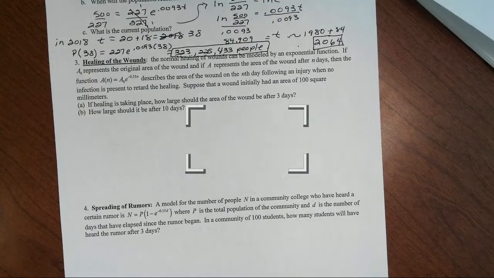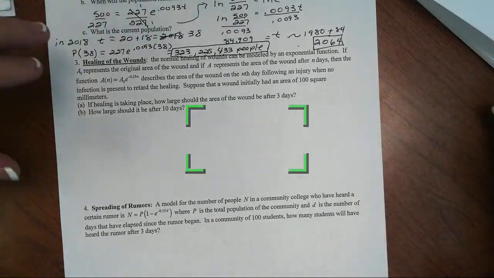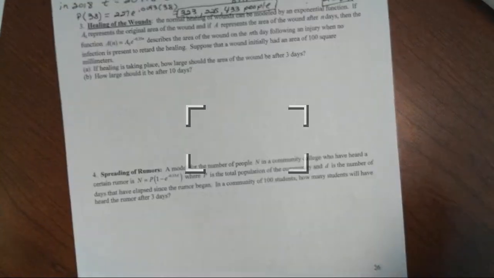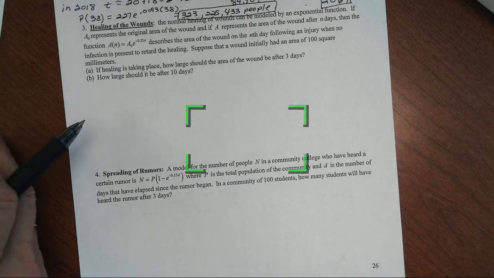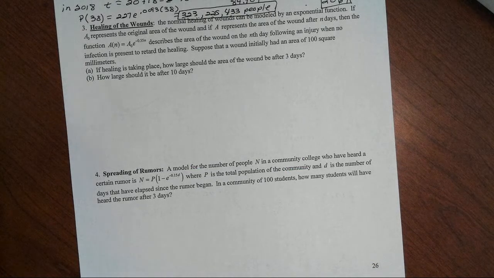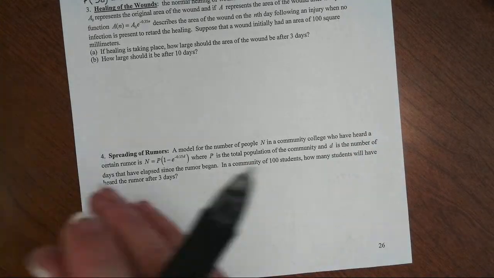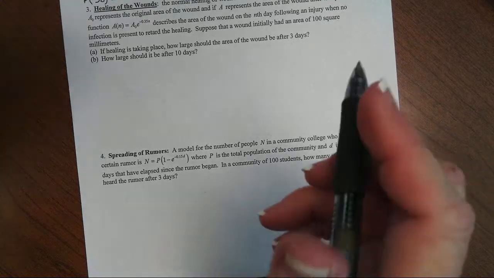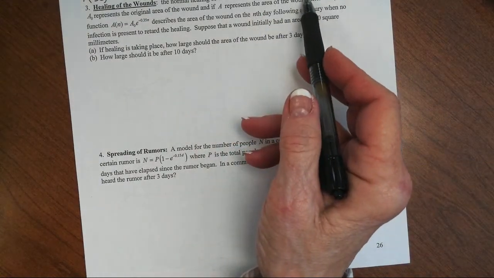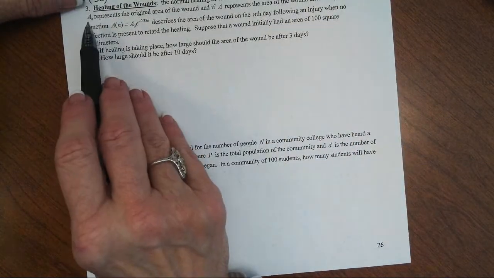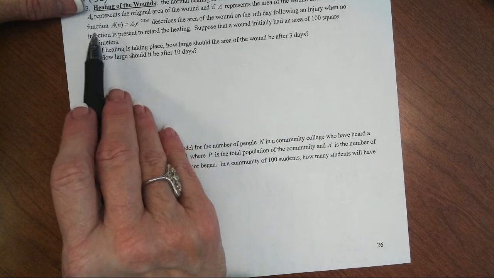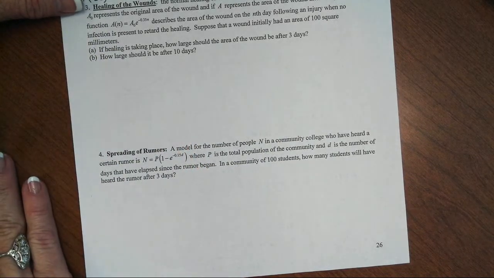Okay. And then we've got the next application, the healing of wounds. Another exponential application. In nature, we typically are using e. So the normal healing of wounds can be modeled by an exponential function if the beginning amount, A sub 0, represents the original area of the wound.